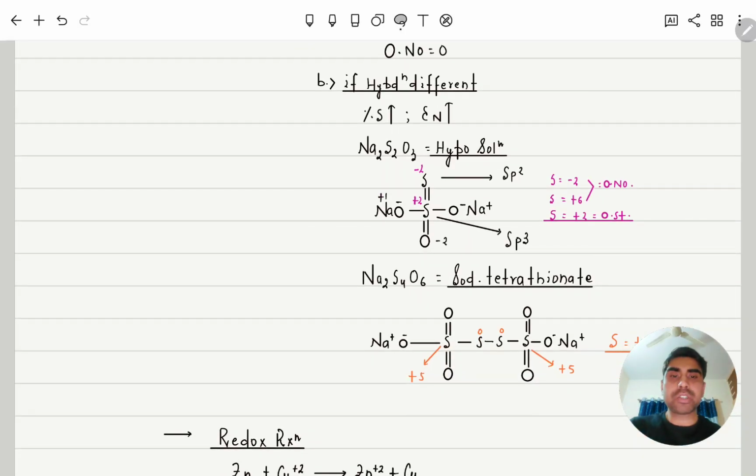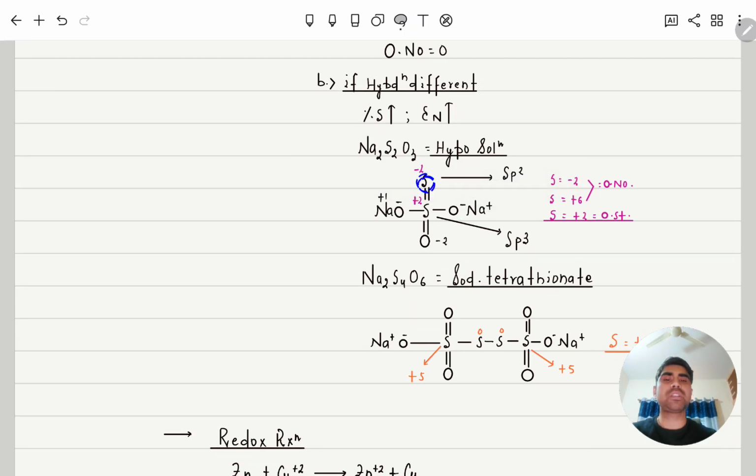Now to calculate its oxidation number, we need to know its structure. So here you can see sulfur, double bond oxygen, and this side ionic bond. Ionic interaction will not be shown by a bond: O minus Na plus, O minus Na plus. Here sulfur's steric number is sigma bonds plus lone pairs. It has 4 sigma bonds and 0 lone pairs, so it is sp3.